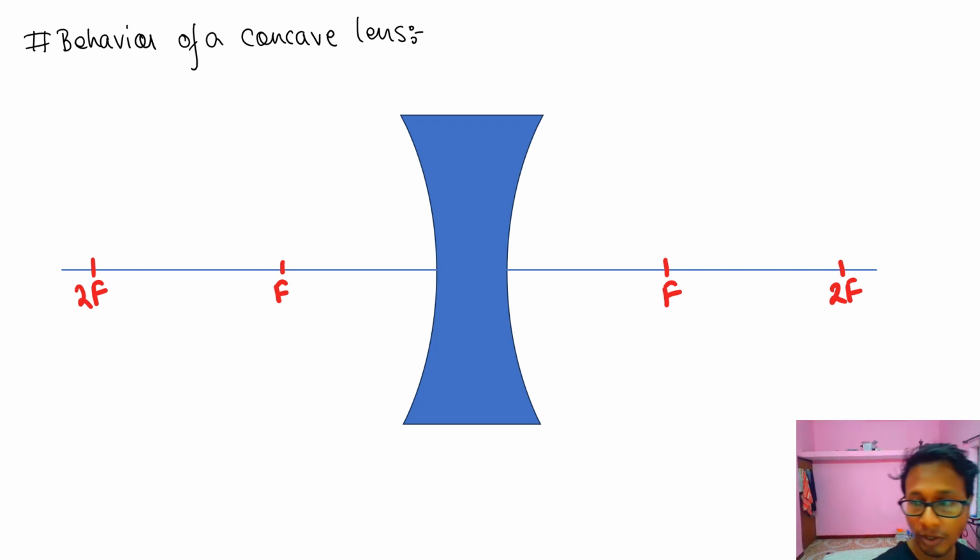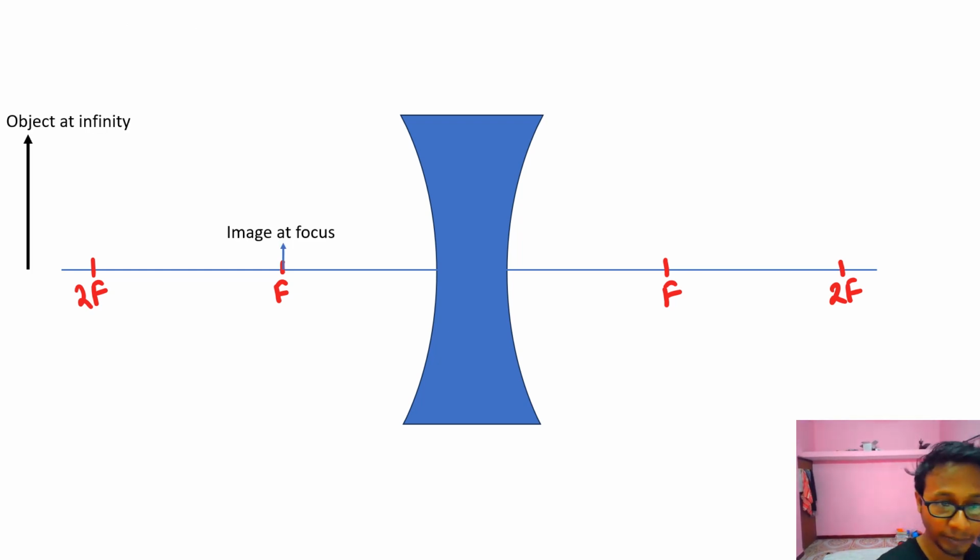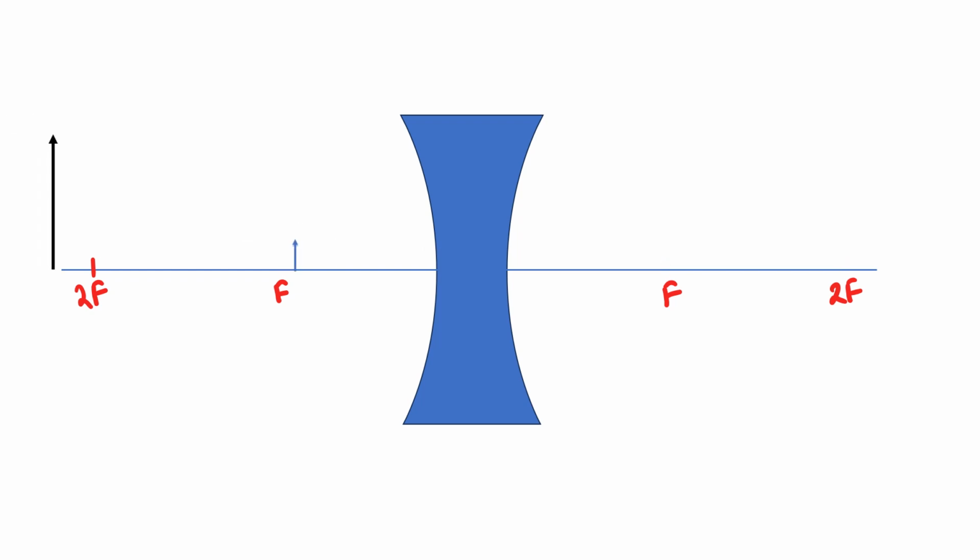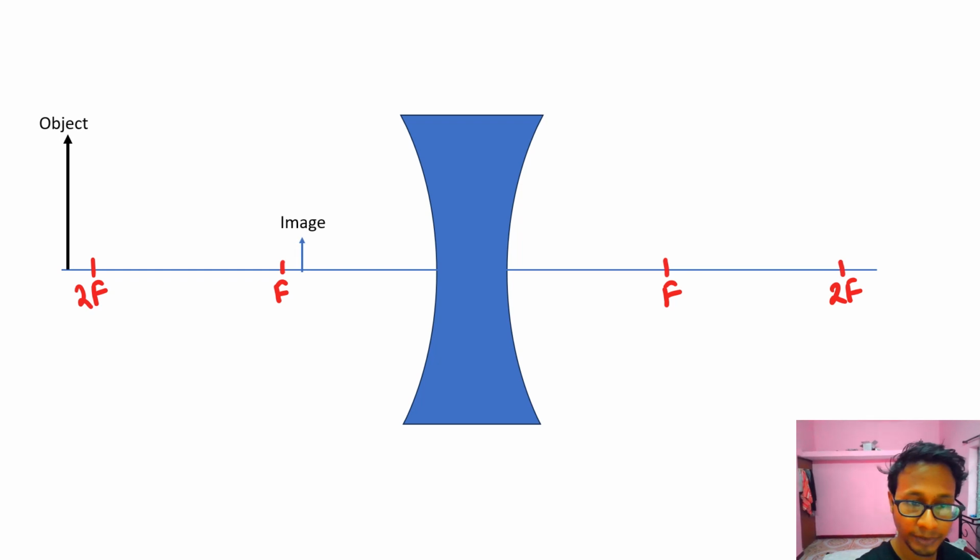What happens is when the object is at infinity, the image starts forming out here, at focus. So as the object slides towards the pole, the image will also slide towards the pole. See how it happens. Okay, somewhat like this.